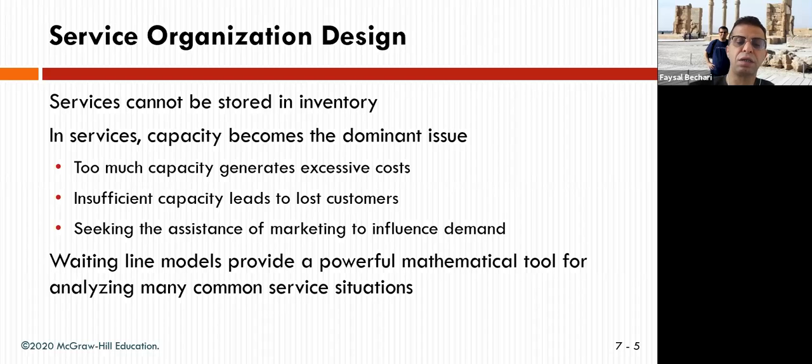Now, too much capacity generates excessive cost. For example, if you have 10 people waiting there to provide service, and every hour somebody shows up and takes 5 minutes, then this is an excessive cost. On the other hand, insufficient capacity leads to customer loss.